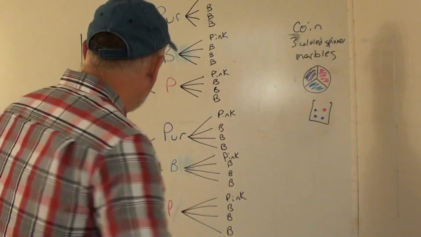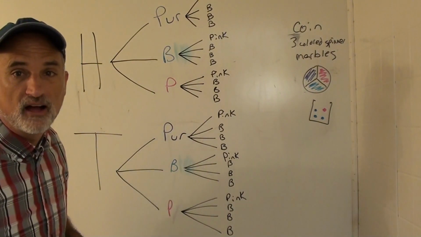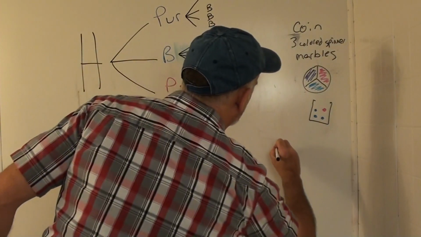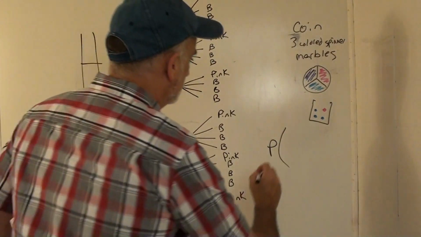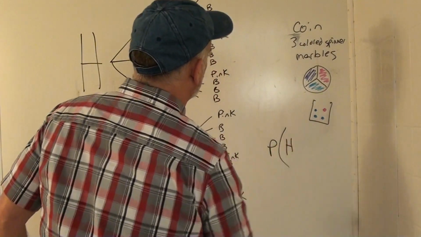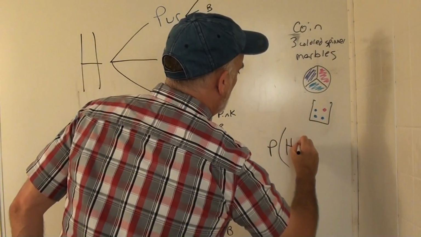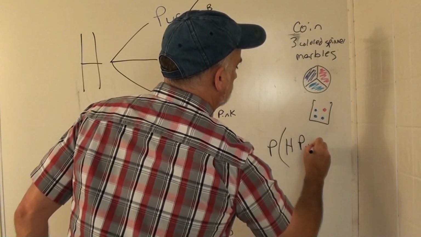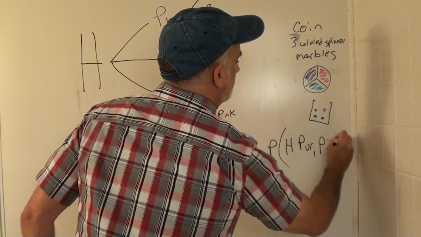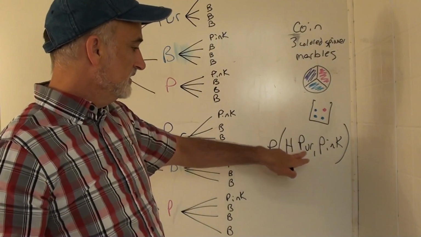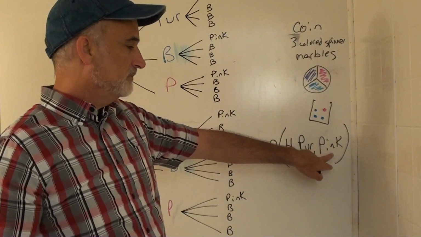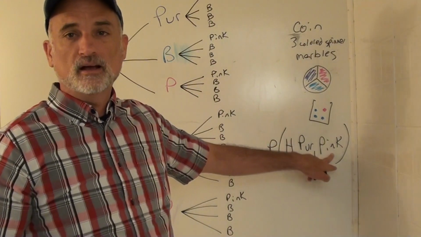Alright, so the first thing we want to do is try to find the probability of something. Let's try to find the probability of a heads, a purple, and a pink. What is the probability of flipping a heads, then spinning a purple, and then picking a pink marble out of the bag?